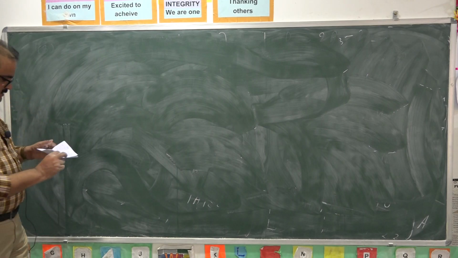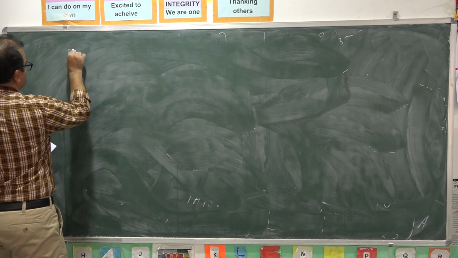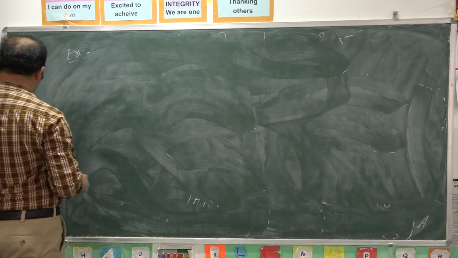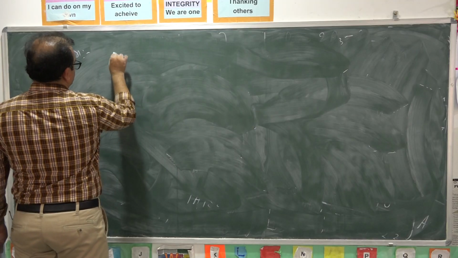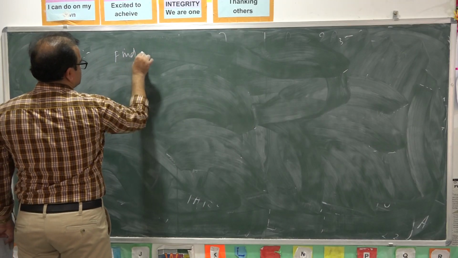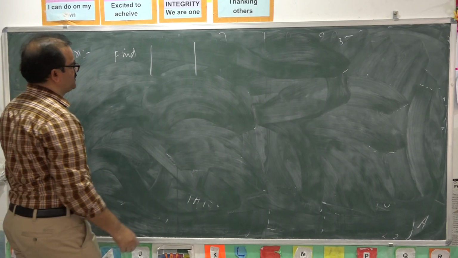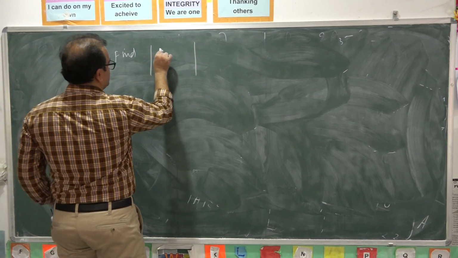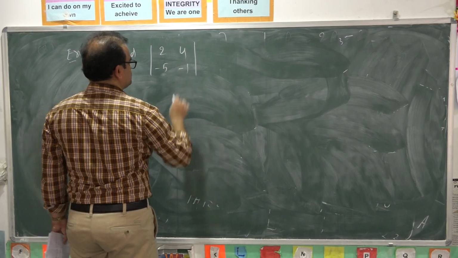Now we see a small example. Find the determinant value of 2, 4, minus 5, minus 1.